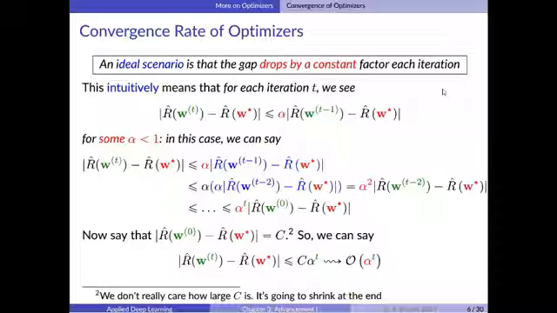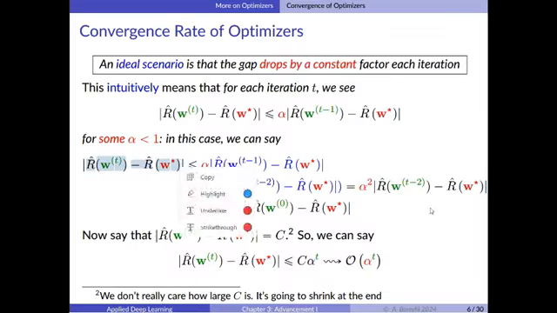So when we compare the optimality gap at time t and the optimality gap at time 0, if in each iteration it drops by a constant alpha, then after t iterations it drops by the constant alpha to the power t.